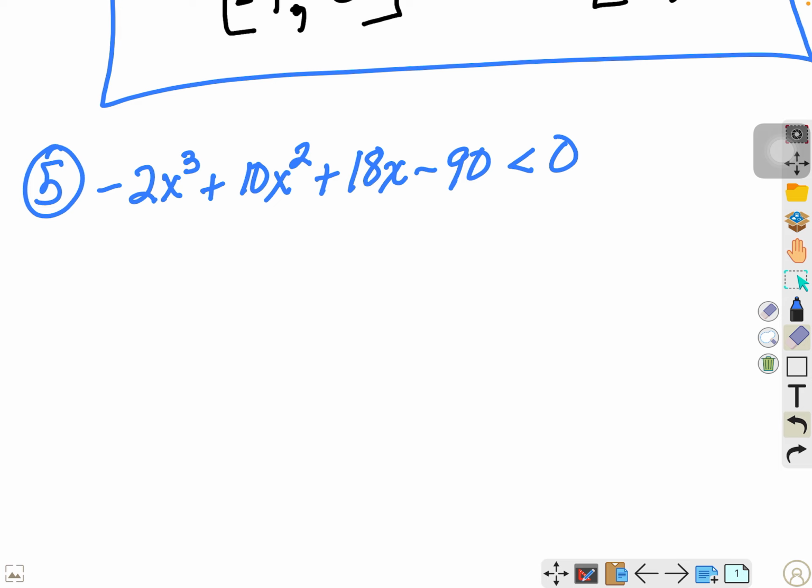So, negative 2x cubed plus 10x squared plus 18x minus 90 is less than 0.